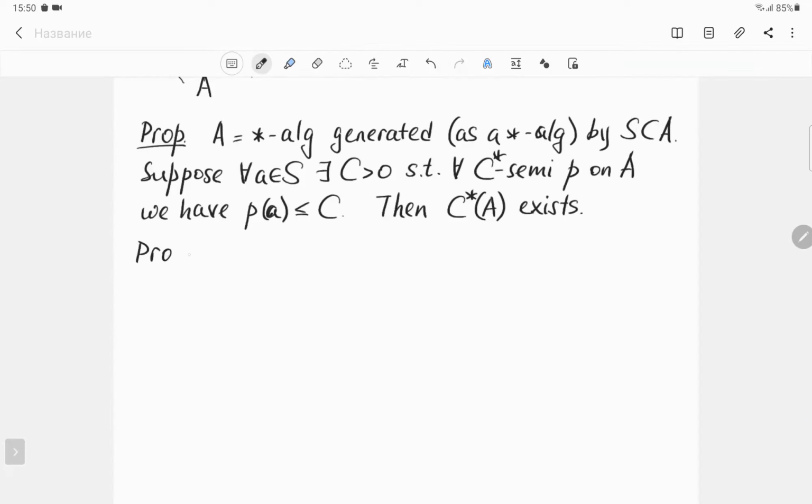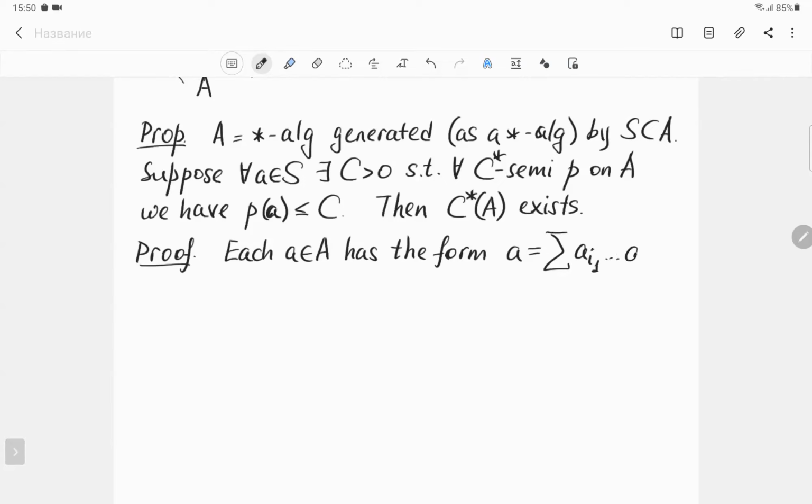The proof is very easy. We simply observe that each element in A has the following form. It can be written as a finite sum of products of elements in S or in S star.